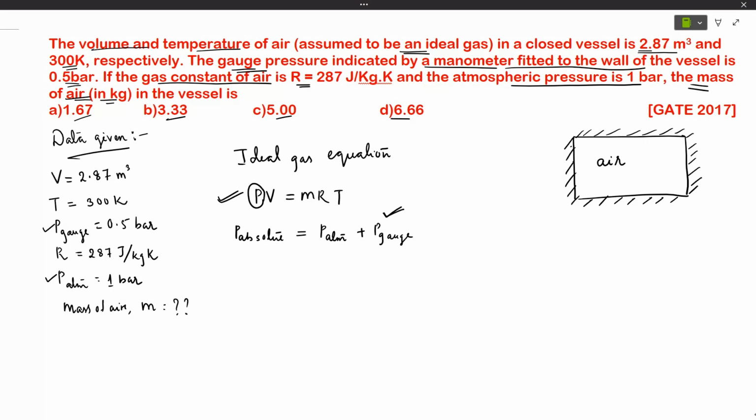The absolute pressure is the summation of atmospheric pressure and gauge pressure: P atm equal to 1 bar plus P gauge 0.5 bar, that is equal to 1.5 bar. So this is the magnitude of P absolute.